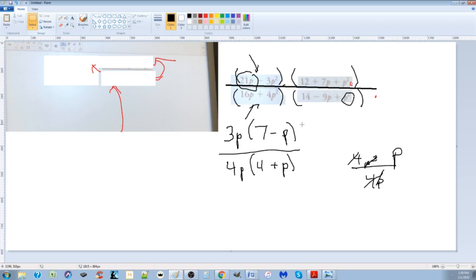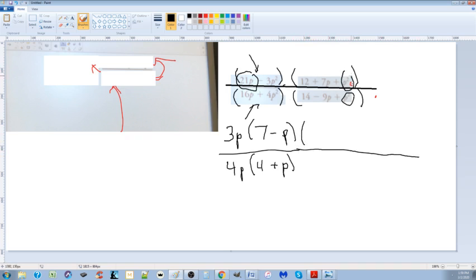Well, that's not important. Well, hint, hint, it probably will be with these other terms. So that's a good hint to what we're going to be looking for at the other terms. I suspect we're going to get a 7 minus p as one of the factors down here, and I suspect we're going to get a 4 plus p as one of the factors up there. And that always helps you along the way to look for those things.